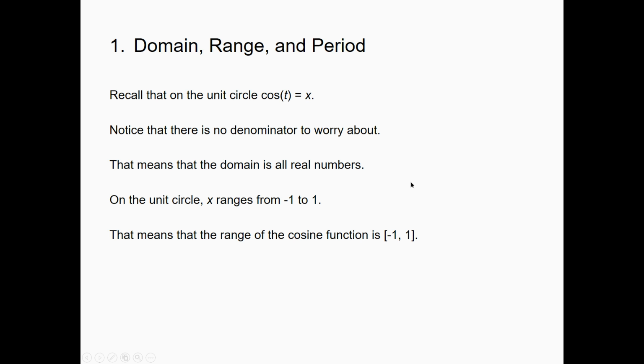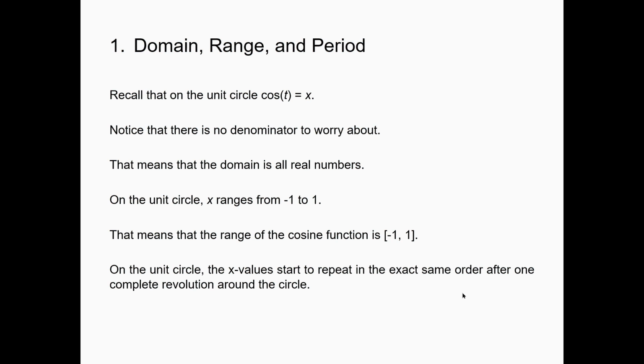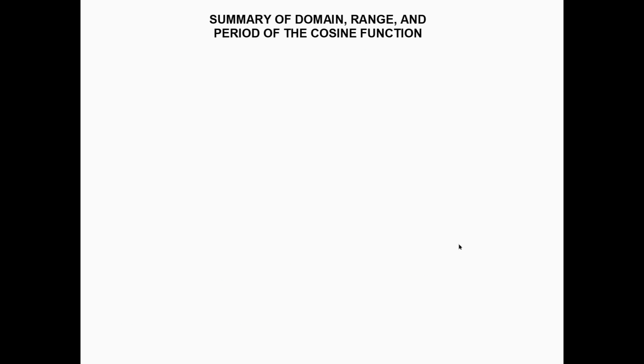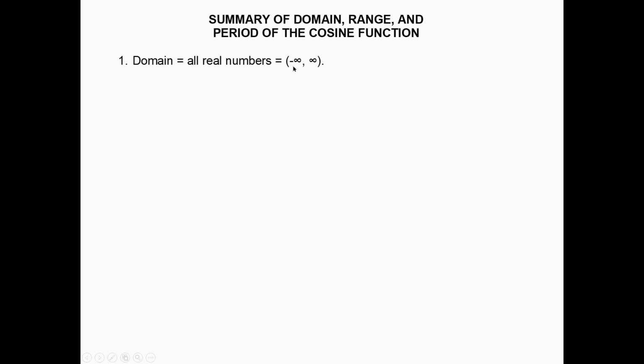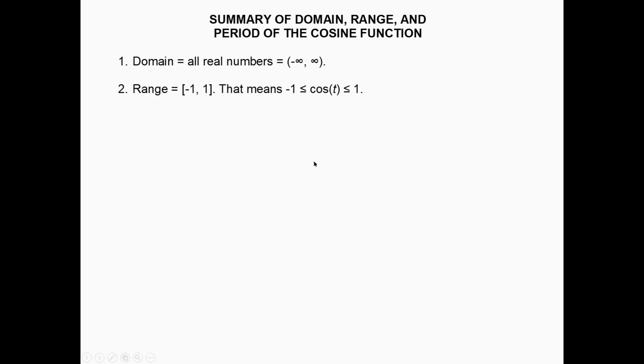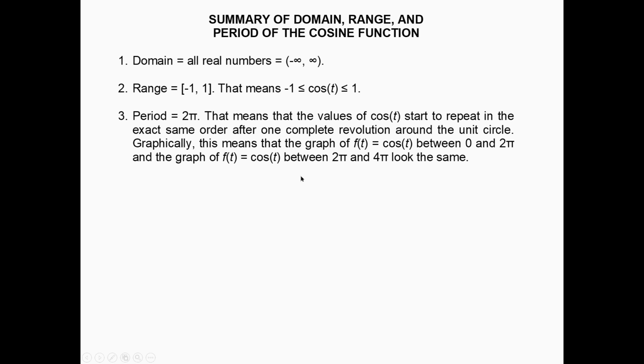Okay, and if you're going around the unit circle, x repeats after you've gone through 2 pi radians, so the period is 2 pi. So again, the basic period will be from 0 to 2 pi. So the summary: domain, range, and period of the cosine function. Domain, all real numbers, minus infinity to infinity. Range, -1 to 1. Period, 2 pi.